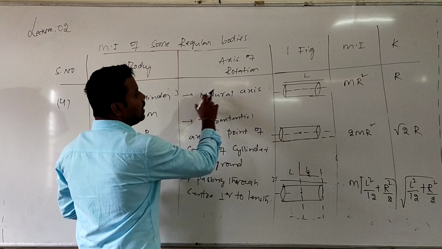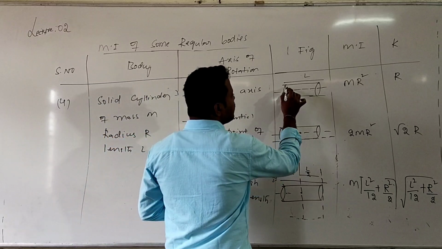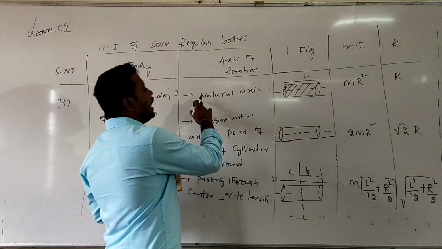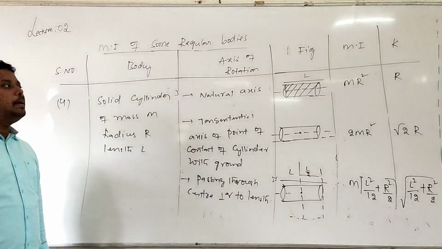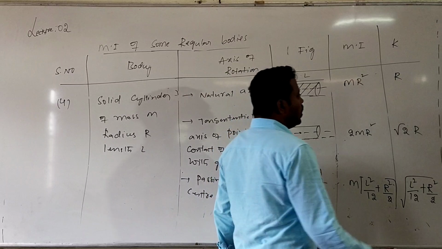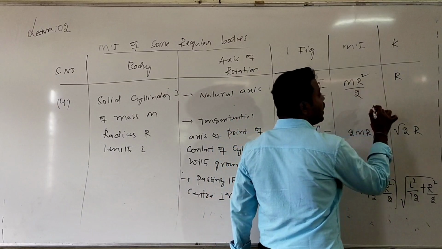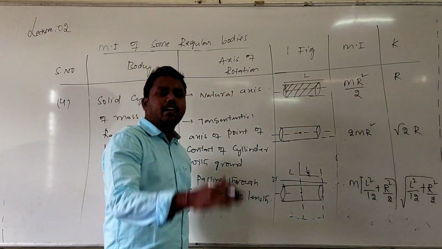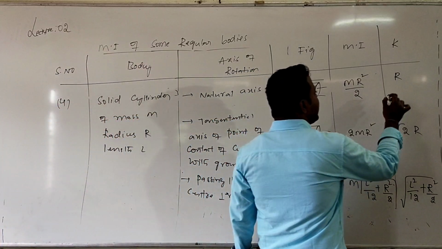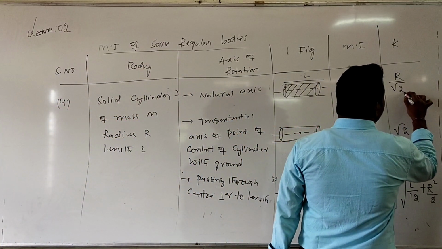About its natural axis. What is the difference for a solid cylinder? Everywhere mass is there. About a natural axis, the natural axis is passing through the center, right? Parallel to length, what I get as the answer is M R square by 2. Exactly half the value of the hollow cylinder. Radius of gyration is R divided by root 2.